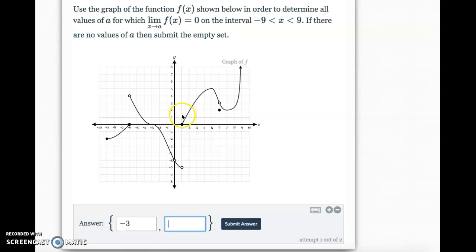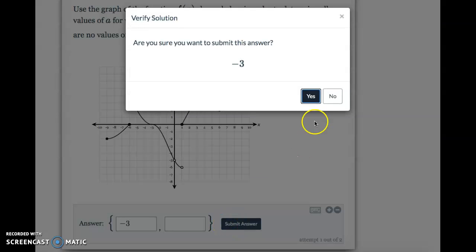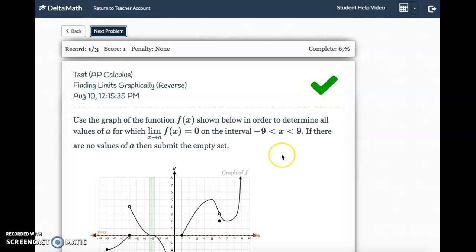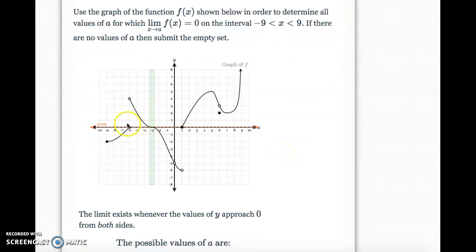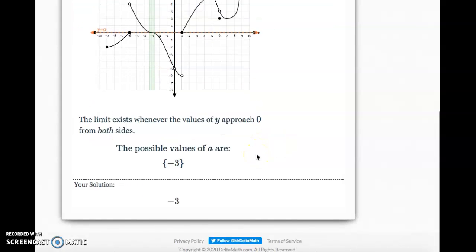So as my function approaches 1 from the right-hand side, I get 0, but from the left-hand side, I do not, so that doesn't count. So I think actually just negative 3 is my only answer. So I'm going to go ahead and submit. Here we go. That's the only place where my left-hand limit and my right-hand limit both equal 0 as my x value approaches any of these numbers.